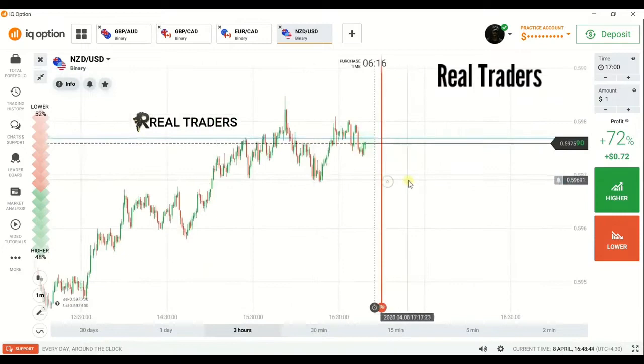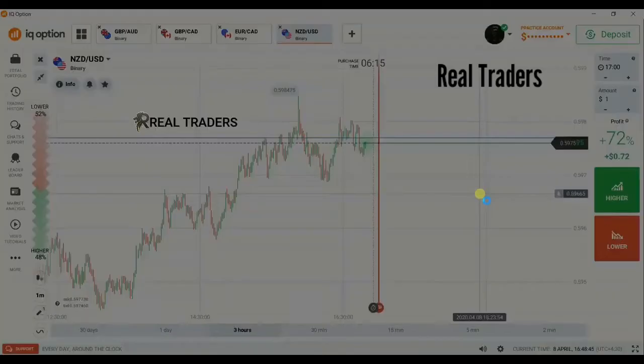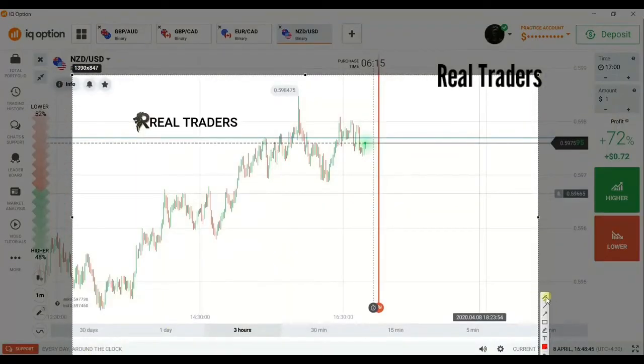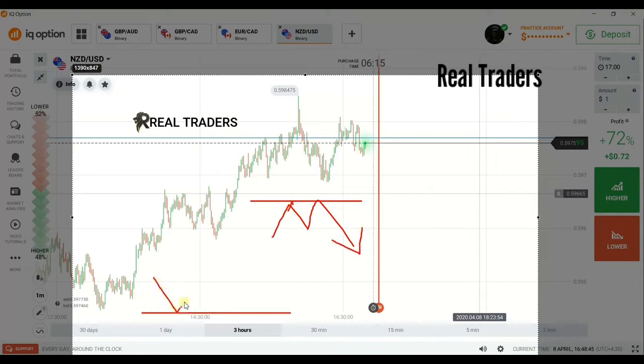We have the double top pattern, an M, and we have the double bottom pattern, or W. So these are good patterns.